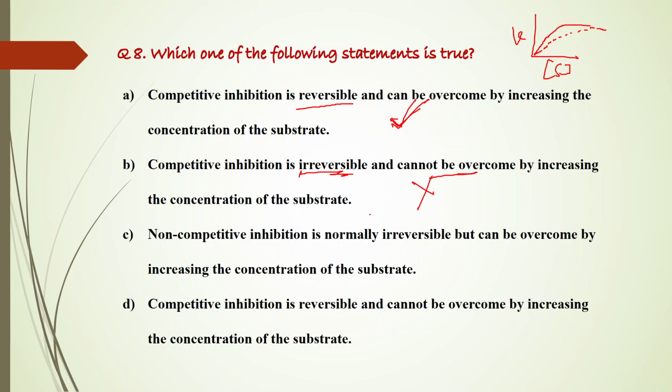The third one is non-competitive inhibition is normally irreversible but can be overcome by increasing the concentration of the substrate. Now the first statement is very wrong.